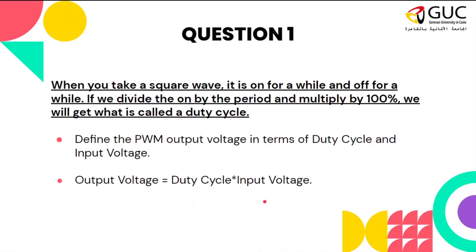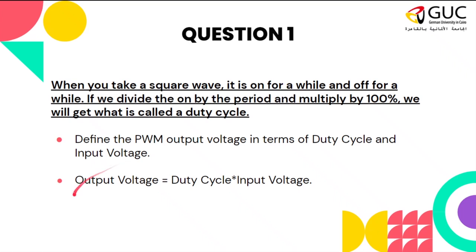Okay, so now we want to have the actual voltage value after we altered or modified our pulse width. Here it's saying define the PWM output voltage in terms of duty cycle and input voltage. Our input voltage is always the V, the 5 volts, which is the default value of the Arduino board.